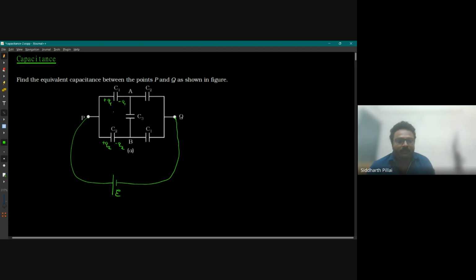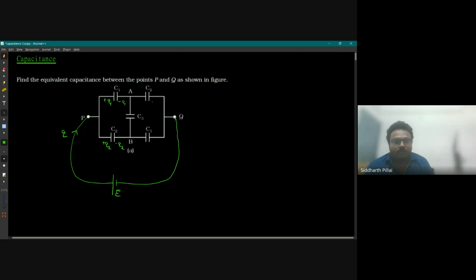Then by symmetry, looking at the problem, if I just reverse the polarity of the battery, I should get identical charge distribution on C1 and C2. So just invoking symmetry, whatever charge Q you have drawn from the battery gets split into Q1 and Q2, and the same amount of charge should combine to form Q again.